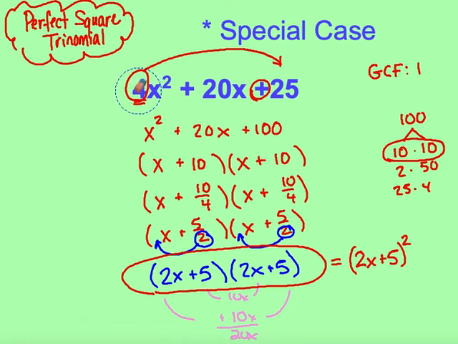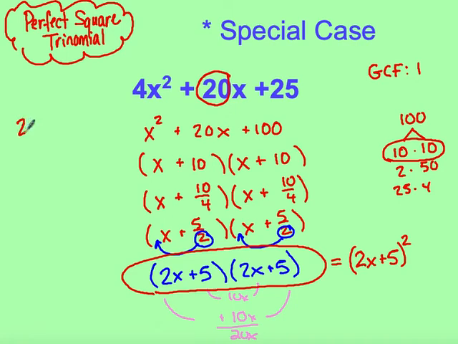So how do I recognize a perfect square trinomial at the beginning? Well, I notice right away that I start to see some perfect squares in there. So when I see those perfect squares, I need to make sure that my middle term will work with my outers and inners.